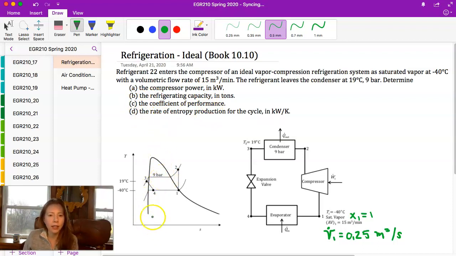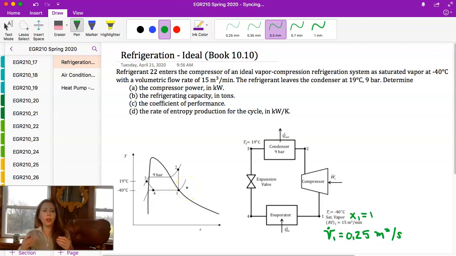So looking at a T-S diagram, just to get a sense of what's going on. At state 1, we're starting at minus 40 degrees Celsius, and we're at x1 equals 1. We're going through a compressor, and this is an ideal vapor compression refrigeration cycle, similar to a Carnot cycle.